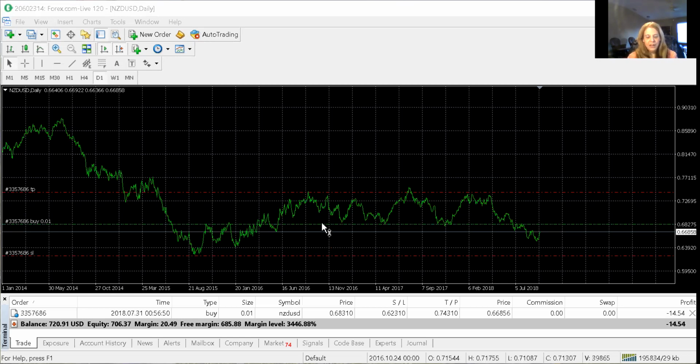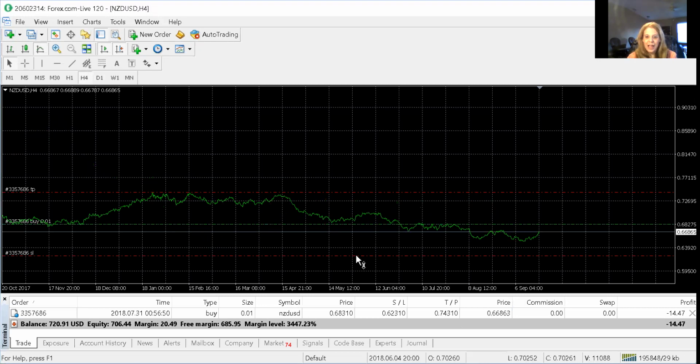This trade, I started it at the entry price of 0.68310. And I put my stop loss in at 6,000 pips negative, or $60.